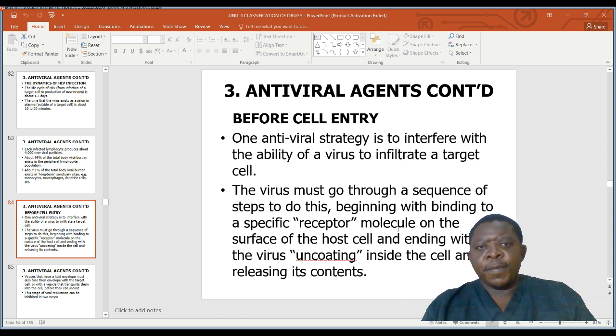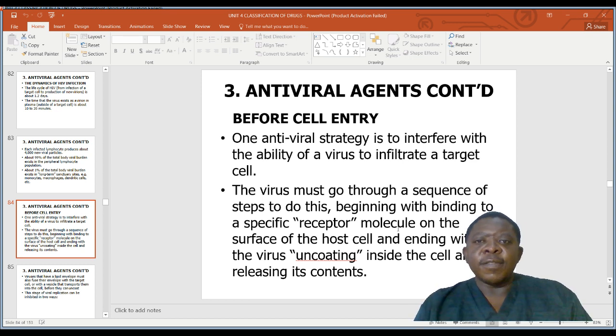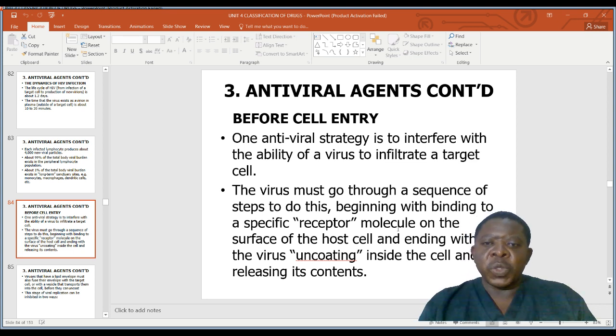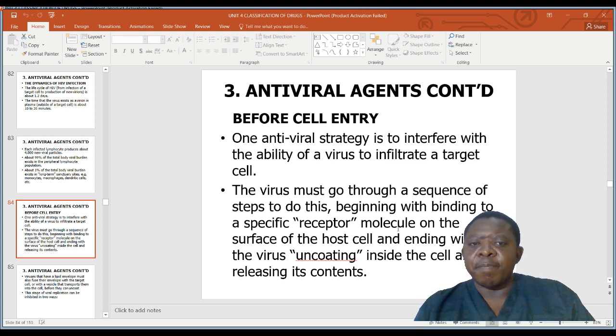So before cell entry, one antiviral strategy is to interfere with the ability of a virus to infiltrate a target cell. The virus must go through a sequence of steps to do this, beginning with binding to a specific receptor molecule on the surface of the host cell and ending with the virus uncoating inside the cell and releasing its content.